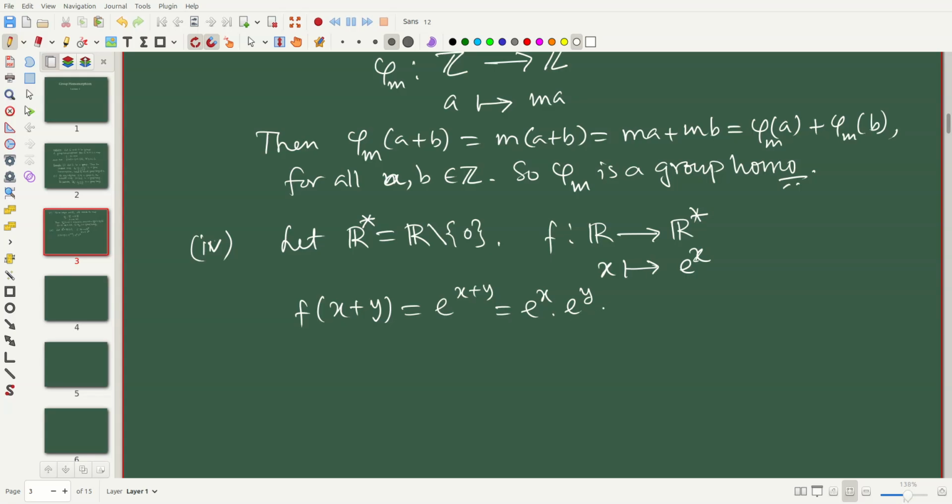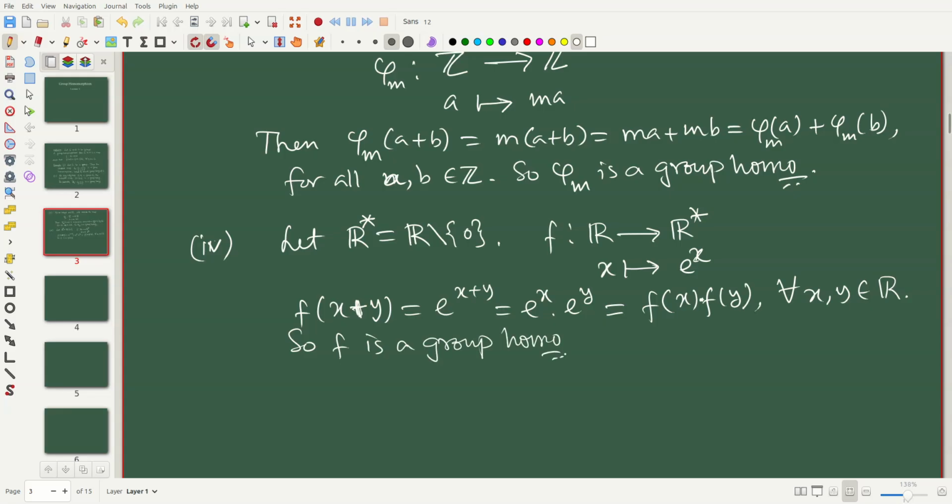So we can write it as f(x) f(y), both belonging to R star, where the operation is multiplication. Here this side is a product, and here it is addition. This holds for all x, y in R. So f is a group homomorphism.